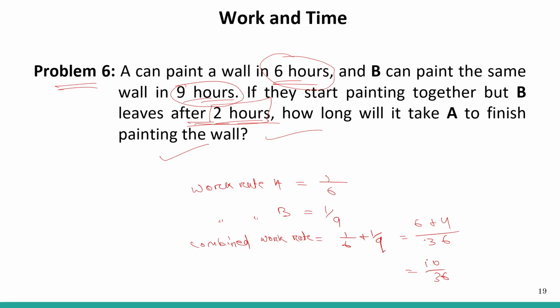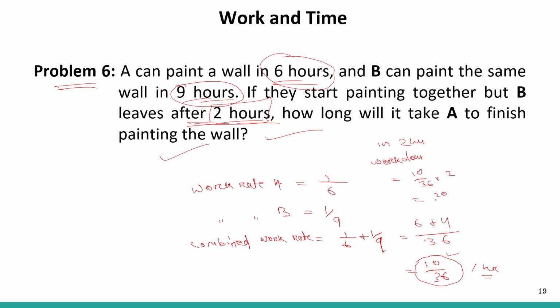Okay, since the combined work rate is 10 by 36, let's figure out how much work is actually done in 2 hours. So this much work is done in an hour. Okay, so in 2 hours, work done is equal to 10 by 36 into 2, right?